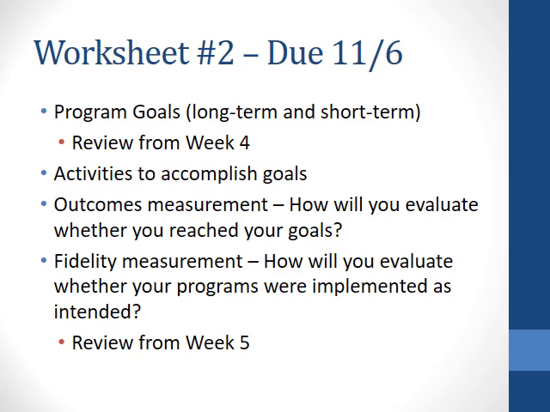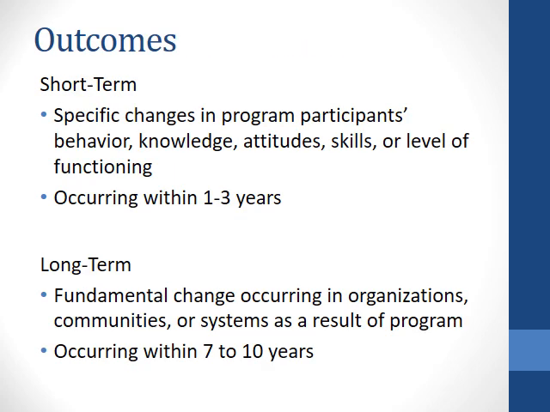Okay. Then you have to do a fidelity measurement. So how will you evaluate whether your programs were implemented as intended? Review the week 5 PowerPoint for that. When we're talking about outcomes, short-term outcomes are things that occur within 1 to 3 years. These are specific changes in participants' behavior, knowledge, attitude, skills, or level of functioning, okay?